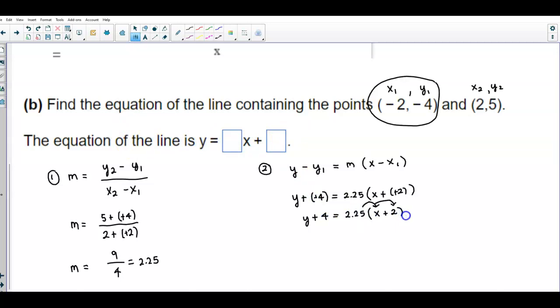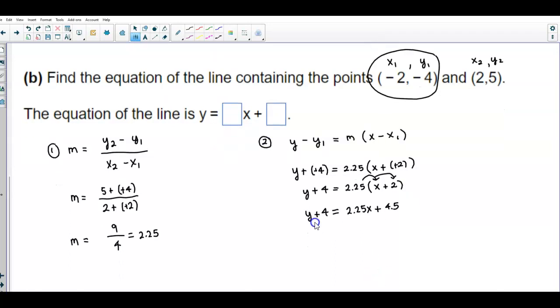Okay, so we have y plus 4, and 2.25 times x is 2.25x. Okay, and then 2.25, we're going to multiply that by 2, which is going to give us 4.5.